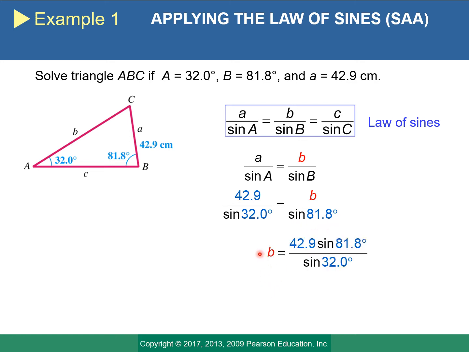Okay, so little b is alone. You solve for it once you multiply by this denominator. And then using your calculator in degree mode, you'll get that this is about 80.1 centimeters. So now we found one of the missing pieces. We now know side length b is 80.1. So now we need to find the other 2 missing pieces, which was little c, side c, and then angle C.